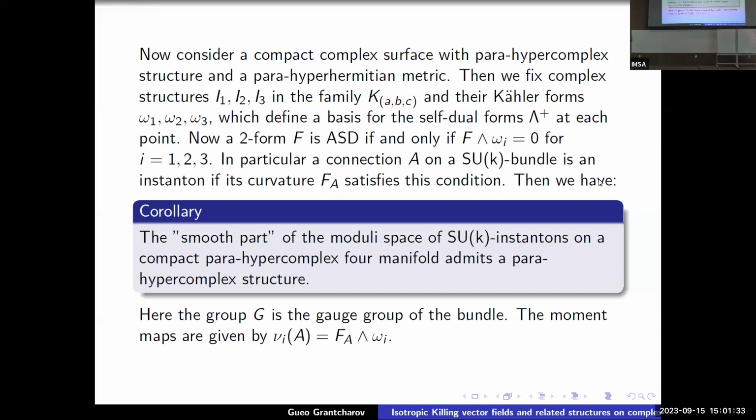Here, one can use that construction to show that if one starts with four-manifolds with para-hypercomplex or para-hyperhermitian structure, then the corresponding moduli, the smooth part, and this is specifically tricky because the smooth part might be very small, I actually cannot say what the smooth part is, is again para-hypercomplex. The same thing works.